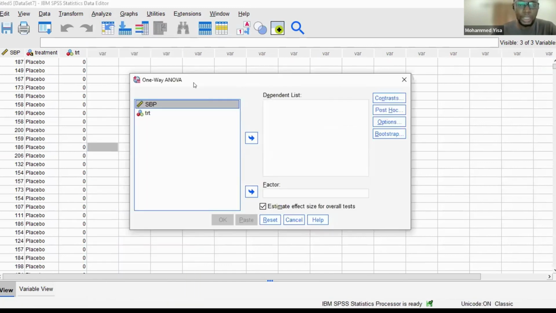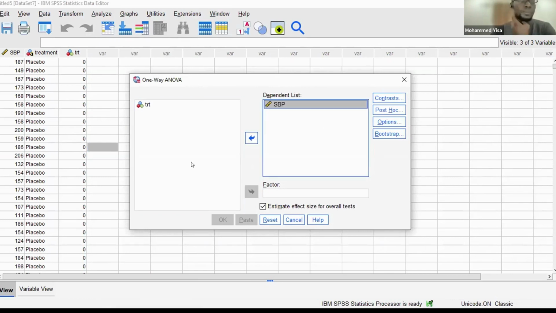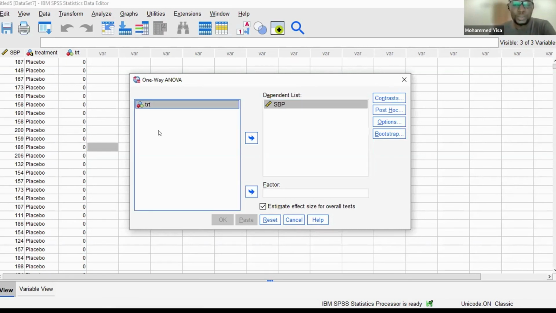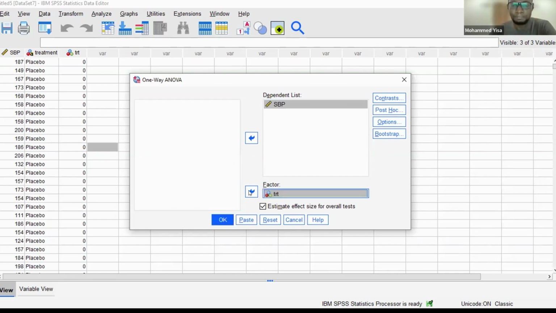And our dependent variable is the systolic BP, and the factor that we're using, that's the categorizing variable, is treatment. So this has already been categorized, it has already been coded as a categorical variable. So we don't really need to do anything more.